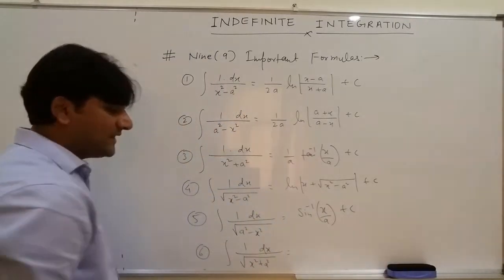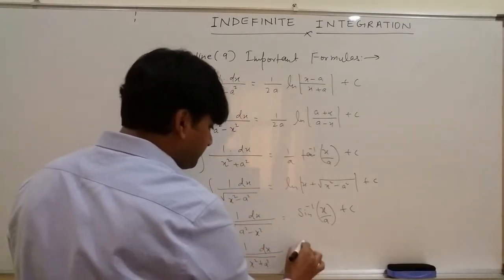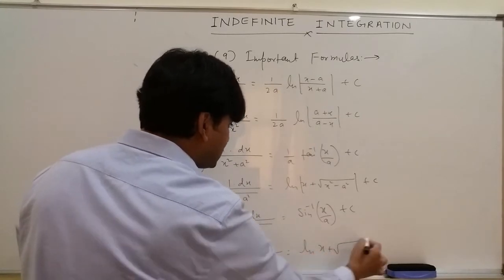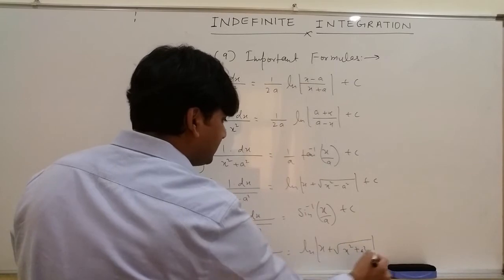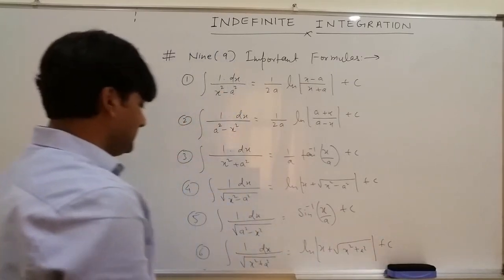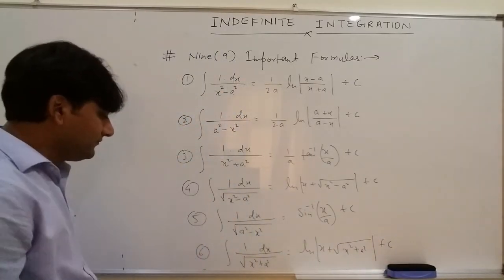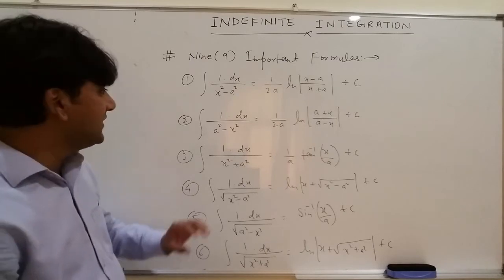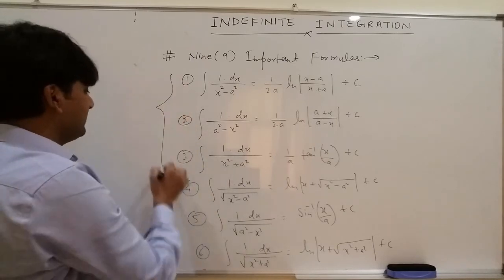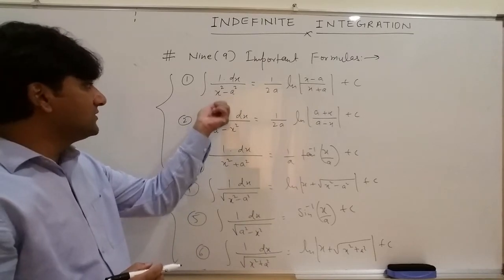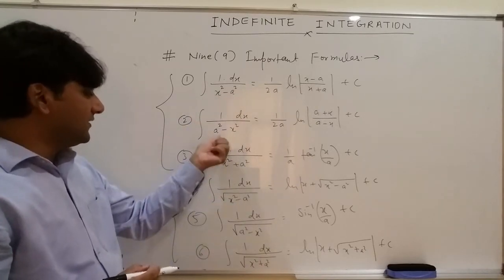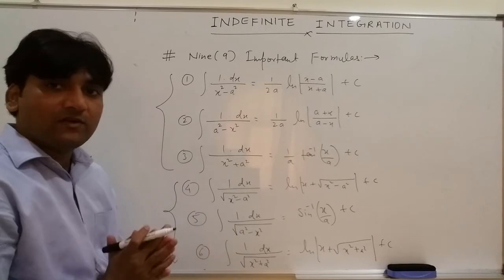And 1 upon root x square plus a square means ln x plus root x square plus a square plus c. Okay. So these 6 formulas, actually these 3 and again these 3, just we have applied root, this one again root and again root.